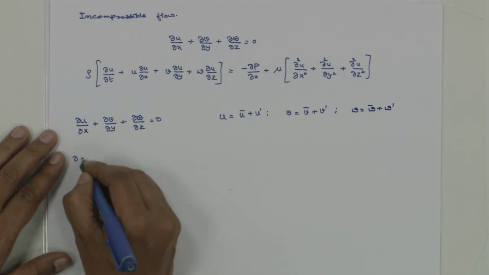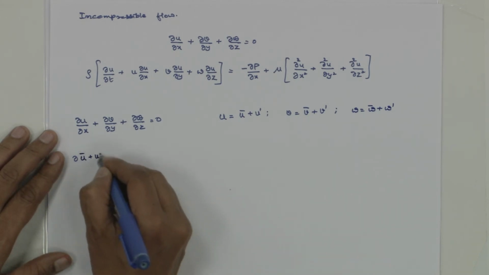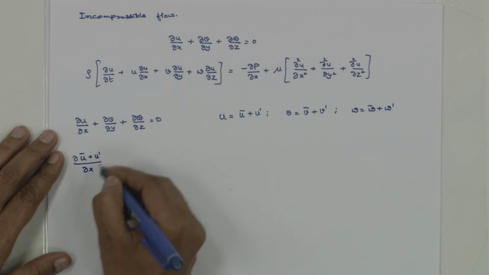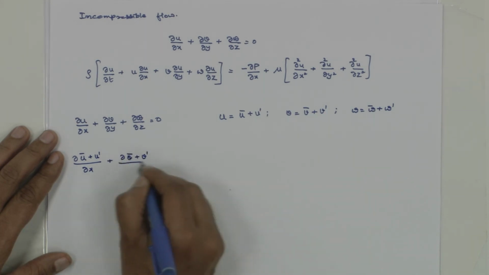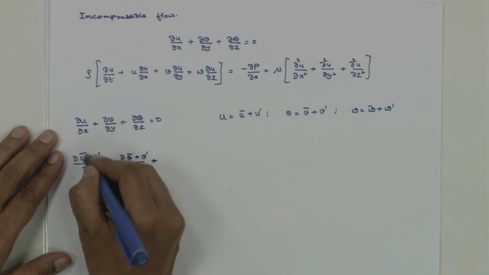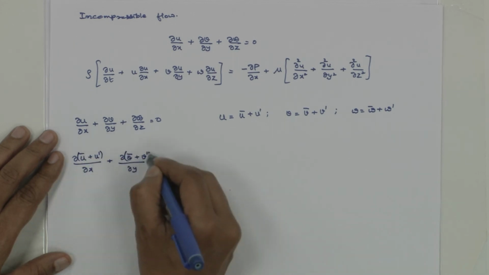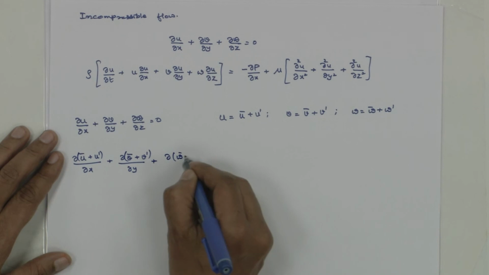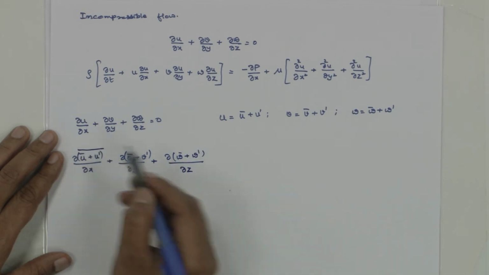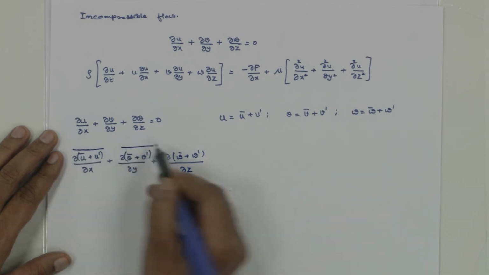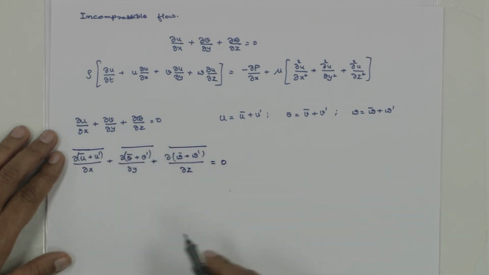So you get del of u bar plus u prime by del x plus del of v bar plus v prime by del y plus del of w bar plus w prime by del z. Now we are time averaging, so this is equal to 0.